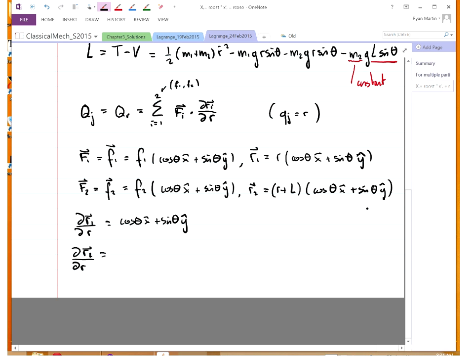When I do d by dr, anything with an L in it is 0, so that term won't matter. The only term that matters is r cos theta x hat plus r sine theta y hat, and when I take the derivative I'm left with exactly the same thing, cos theta x hat plus sine theta y hat. Okay?